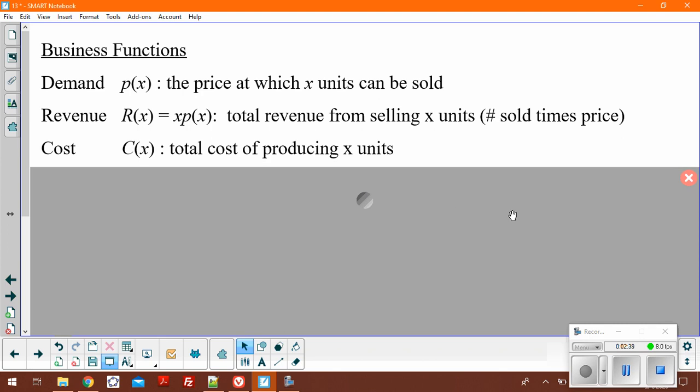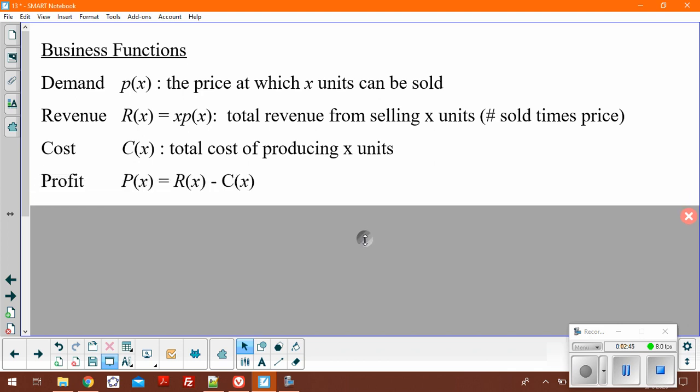You could have an associated cost function: how much does it cost to produce so many items? And finally the profit function: how much money you make is simply the revenue function minus the cost function. If I figure out how much money I take in, subtract my costs, that is your profit.